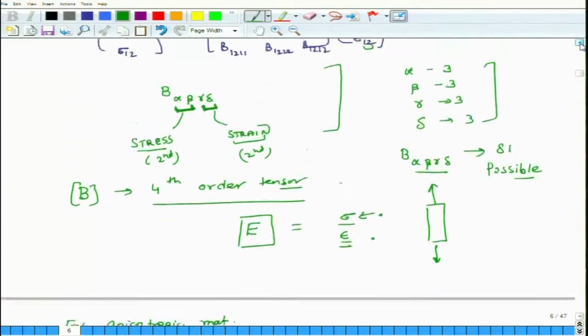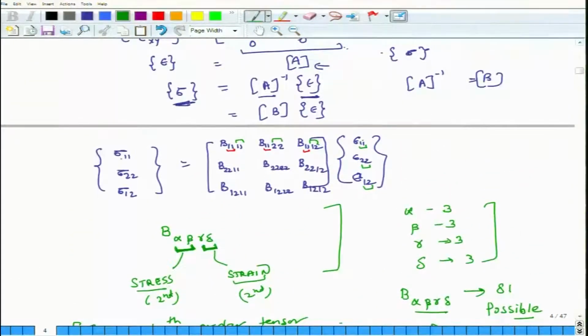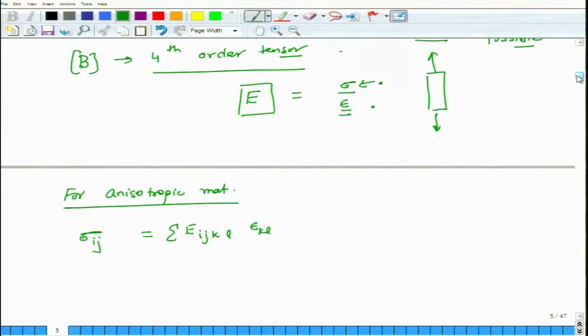Like here, when I do this matrix operation, what do I do? Sigma 11 equals B 11 11 times epsilon 11 plus B 11 22 times epsilon 22 plus B 11 12 times epsilon 12. So, I am adding on these second 2 indices, right. So, similarly, I will add them on the second 2 indices.